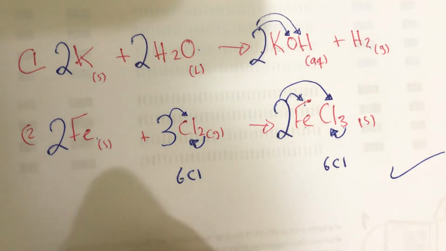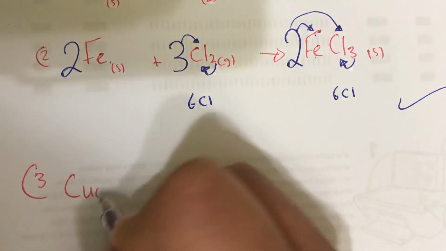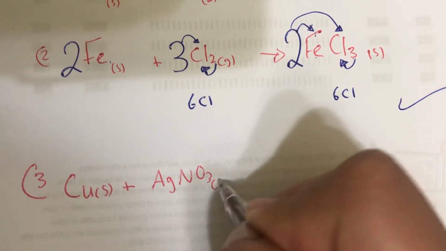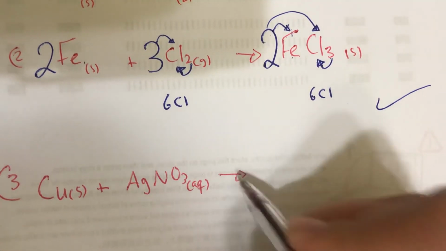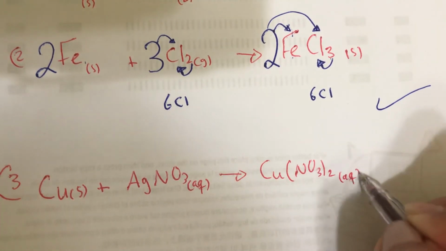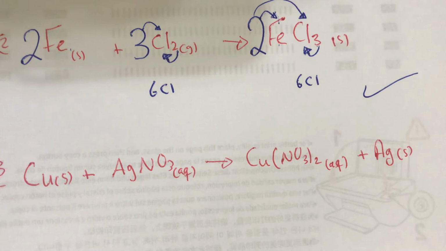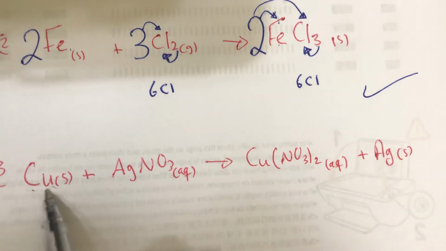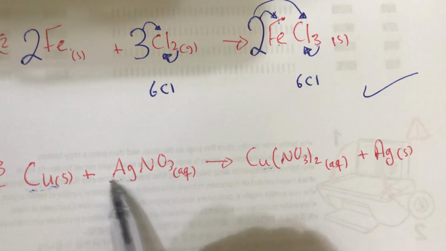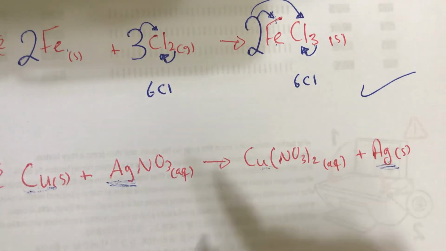The last example, copper plus silver nitrate produced copper(II) nitrate and solid silver. Now here in the reactants you have 1 copper atom and here 1. Now 1 Ag atom and here 1. What about the nitrate group?